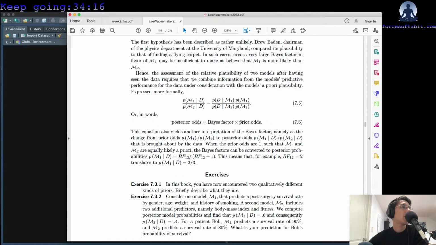So now we're taking the prior odds and multiplying them by this Bayes factor. This ratio of evidence that we got between the two models using the marginal likelihoods, we're multiplying by the prior odds of each model.